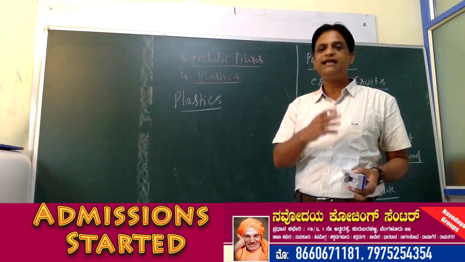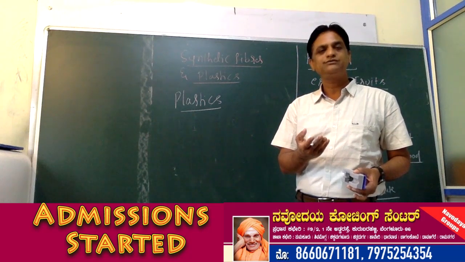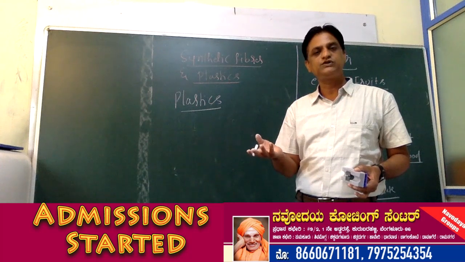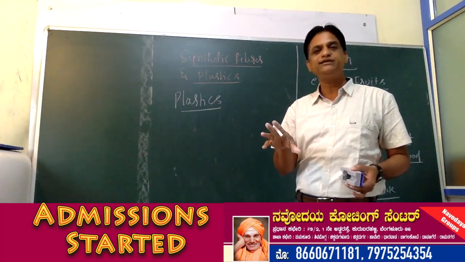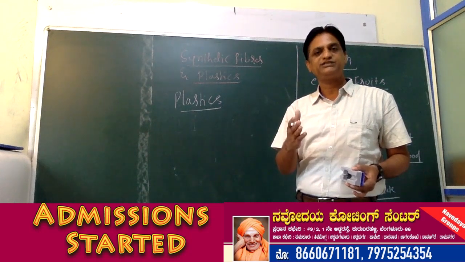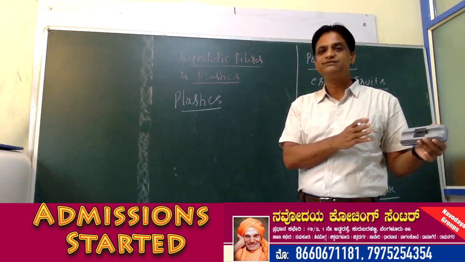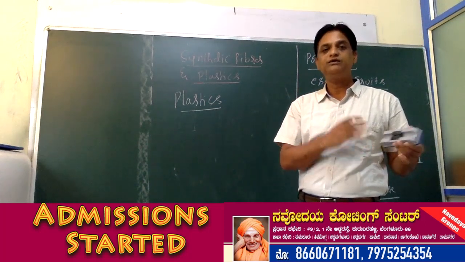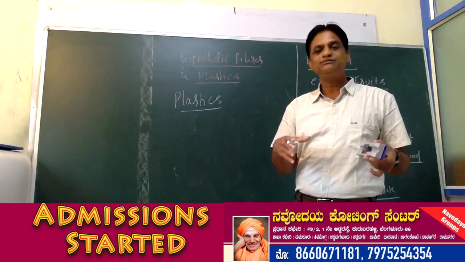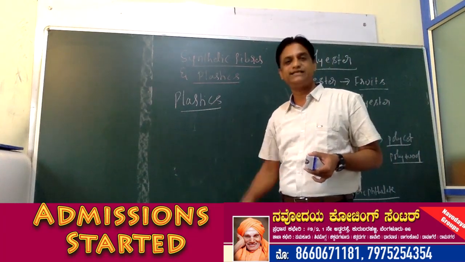Then as civilization progressed, we came to the Iron Age. So instead of stones, people started using metals and alloys. Iron Age, Bronze Age, like that different periods have evolved gradually. But now we can say that we are living in the age of plastics.